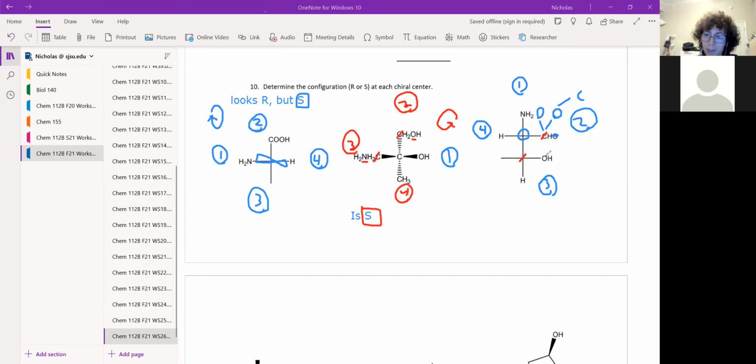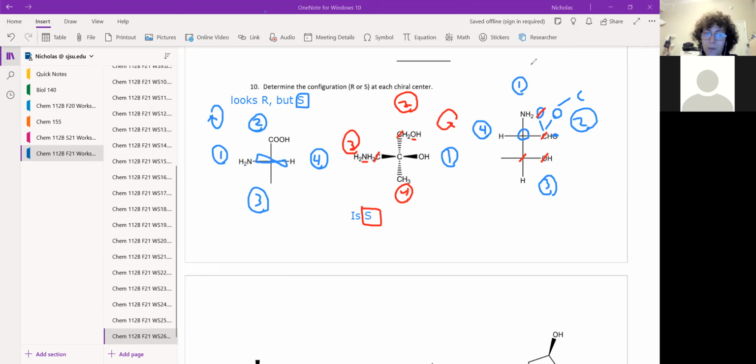There's an oxygen here, and an oxygen here, and then another oxygen left over. So that oxygen has a higher atomic number than no oxygens left on the bottom. So the aldehyde gets number 2. That's how you look at this.